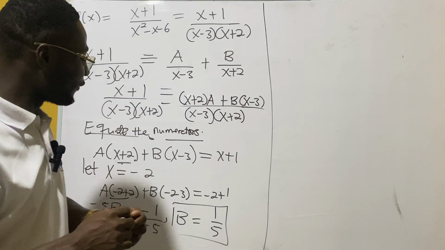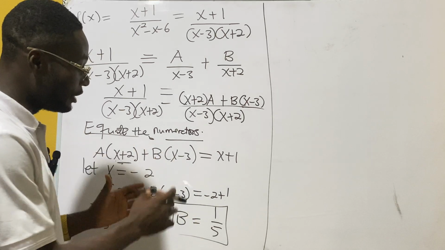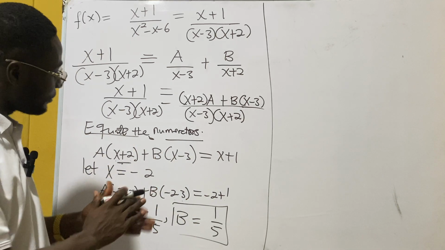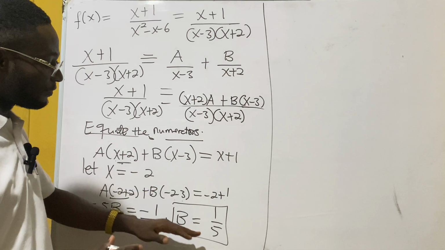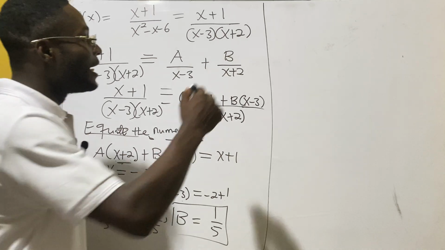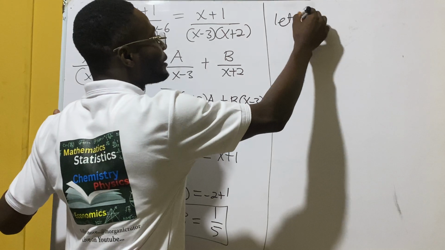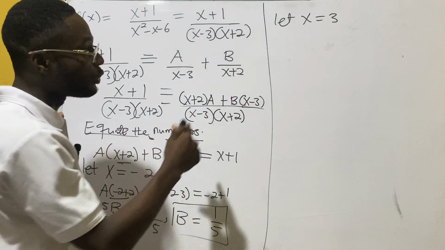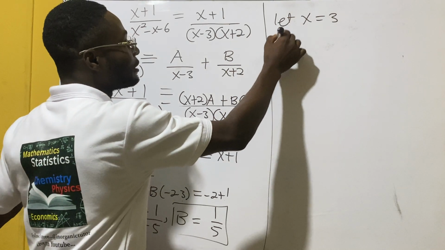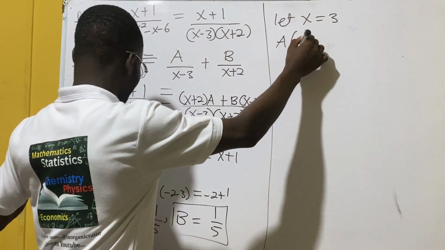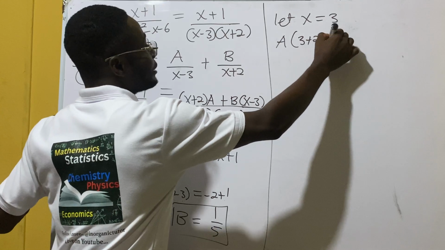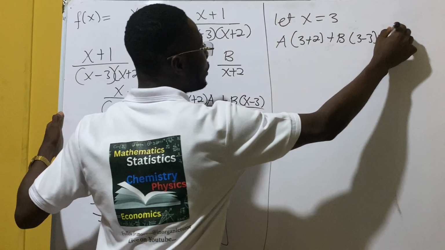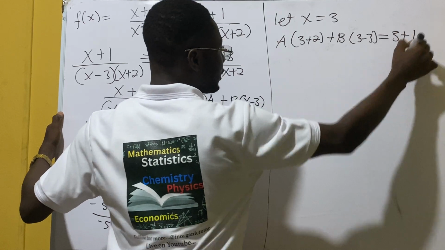Very, very nice. So the next is to find the A also. So we do the same thing we did here to find the A as well. So let x equals 3 from here so that we can find the A. If that is true, then we can say that A into 3 plus 2 plus B into 3 minus 3, and that's equal to 3 plus 1, right?